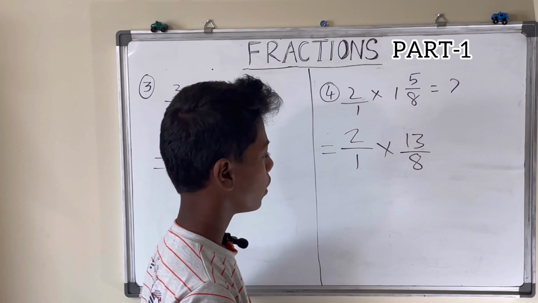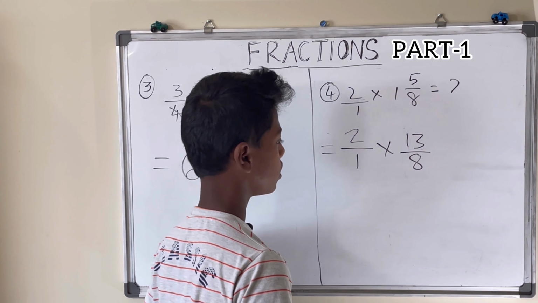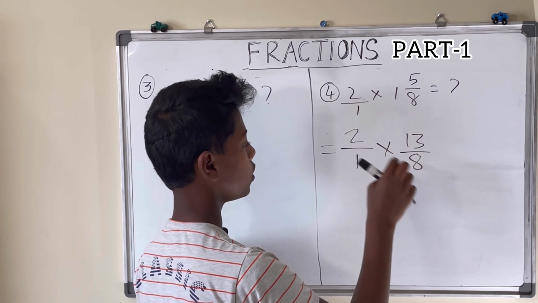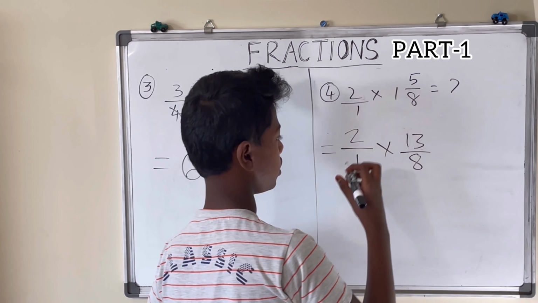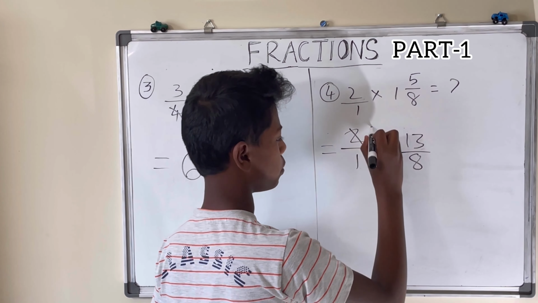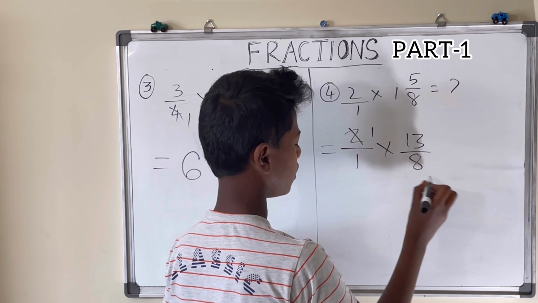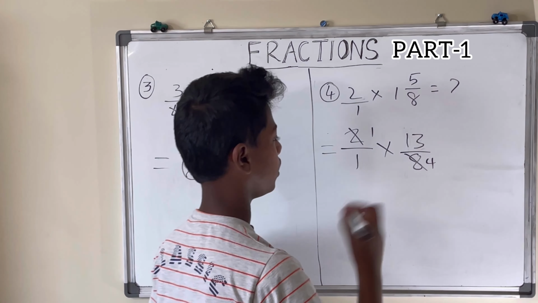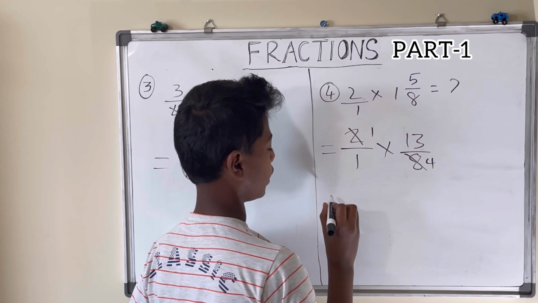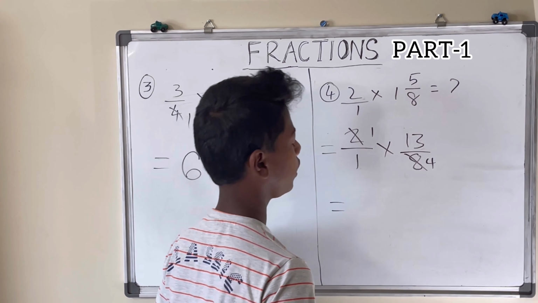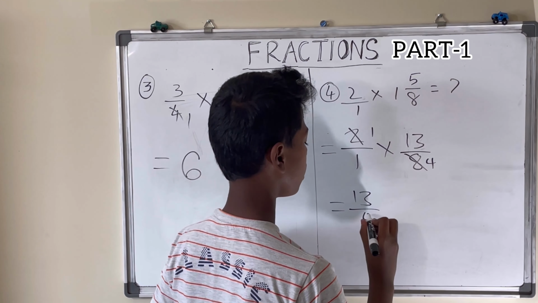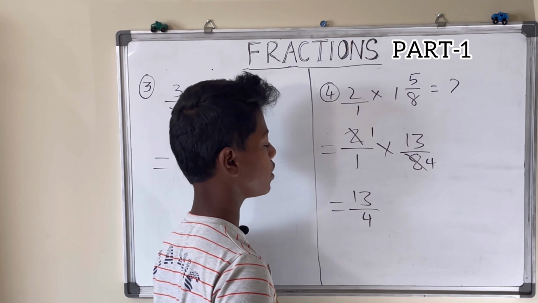So now we're going to cross cancel. With 1 and 13, we can't do anything, but with 2 and 8, we can factor out 2. 2 divided by 2 is 1, and 8 divided by 2 is 4. So we can't factor this further, which means we multiply. 1 times 13 is 13, 1 times 4 is 4, and we can still reduce this.